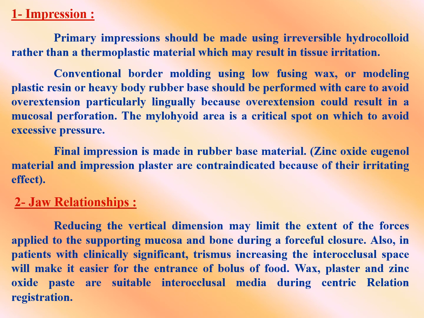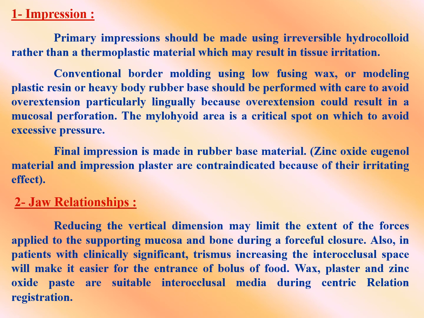Conventional border molding using low-fusing wax, modeling plastic resin, or heavy body rubber base should be performed with care to avoid overextension, particularly lingually, because overextension could result in a mucosal perforation.